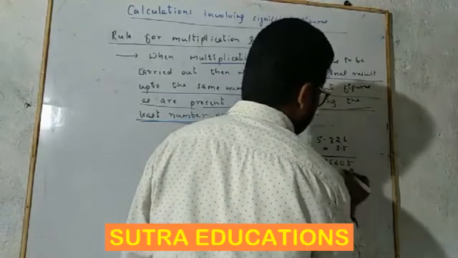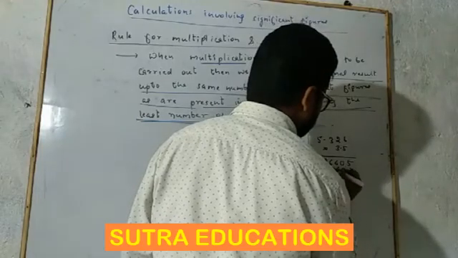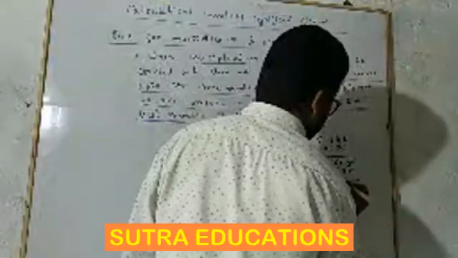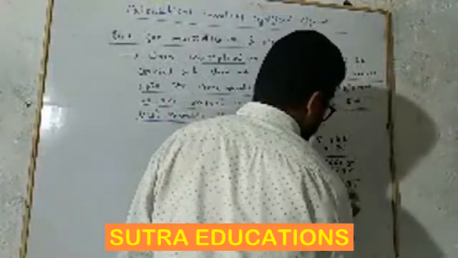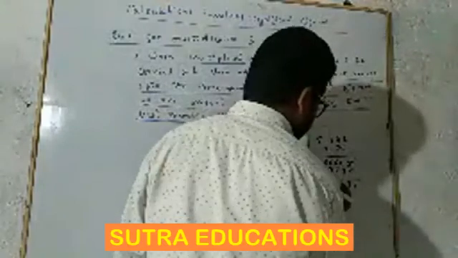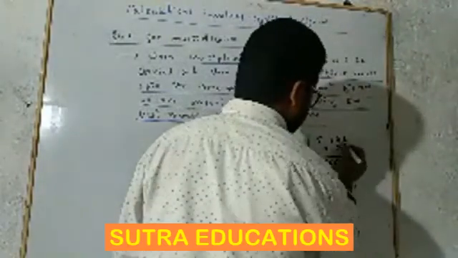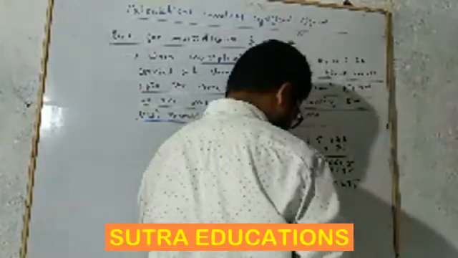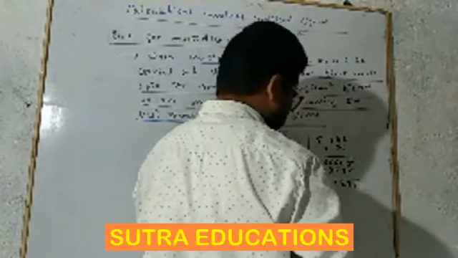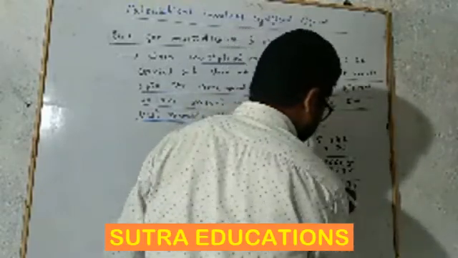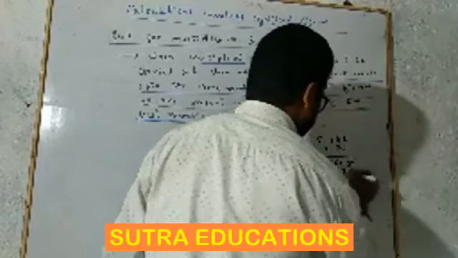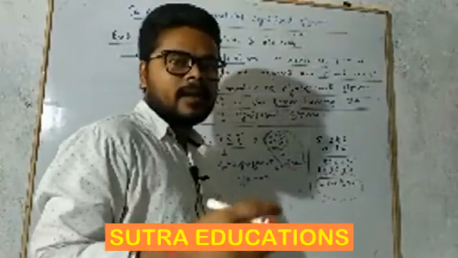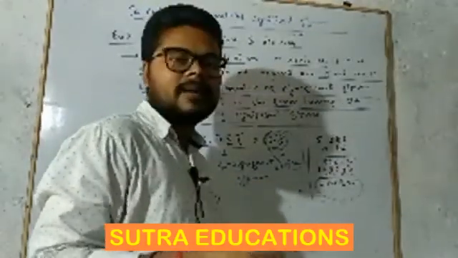Now 3 times 1 is 3, 3 times 2 is 6, 3 times 3 is 9, 5 times 5 is 15, and so on. The decimal places will be 3 plus 1, 4. So the answer is 18.6235, the result obtained after multiplication.